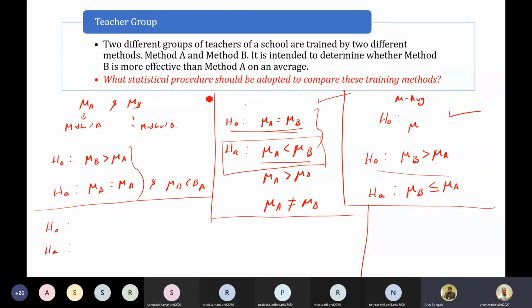If you compare the previous example, we set up the null hypothesis in accordance with the statement. We used an equality sign, and if the null hypothesis is accepted, then the statement was right.